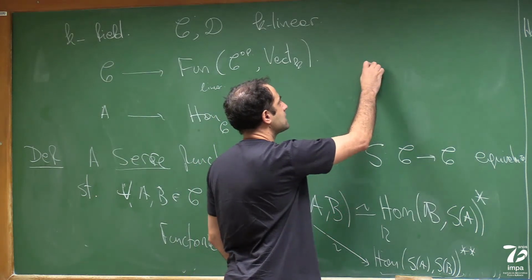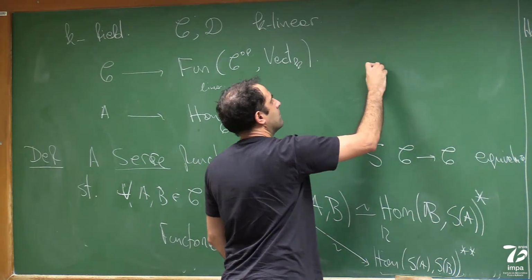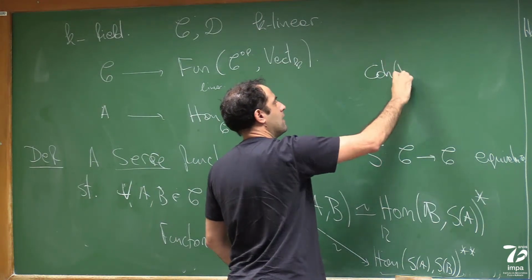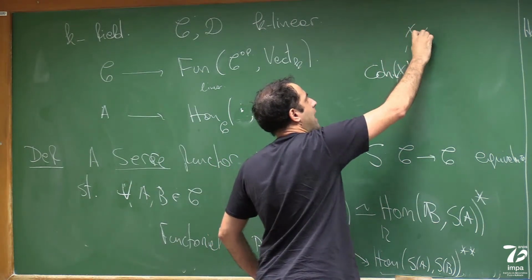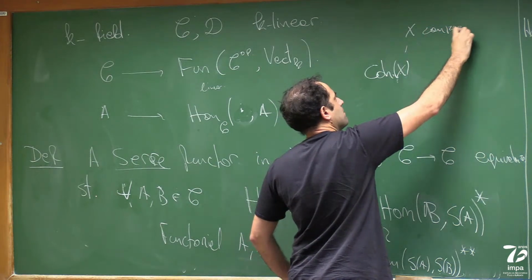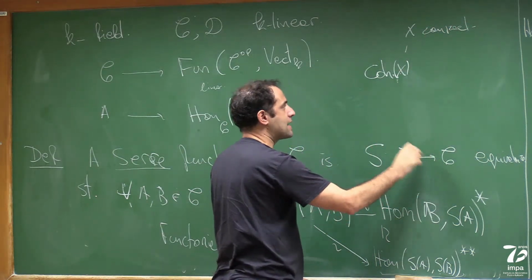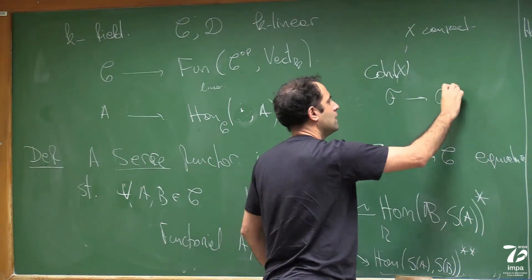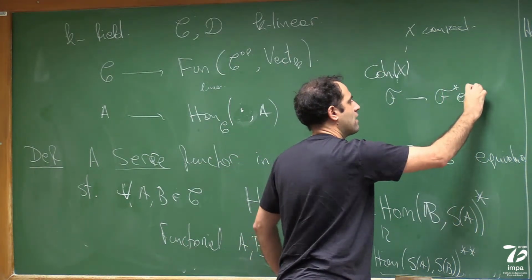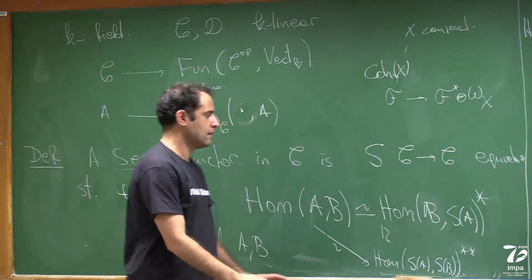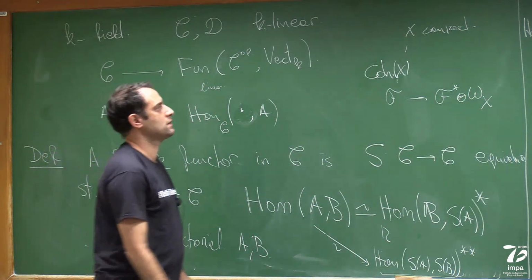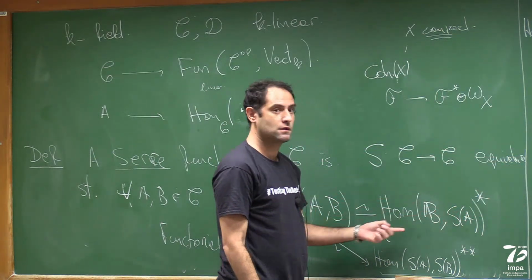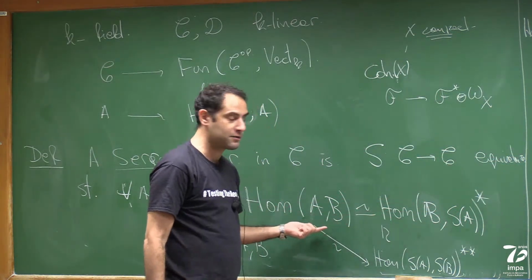So in the case of coherent sheaves on a variety X, where X is compact, then this functor S, this equivalence, is you give me a coherent sheaf and you send it to the dual tensor omega of X. And you need this compactness to get finite dimensionality of these Hom spaces to even start proving this kind of theorem.